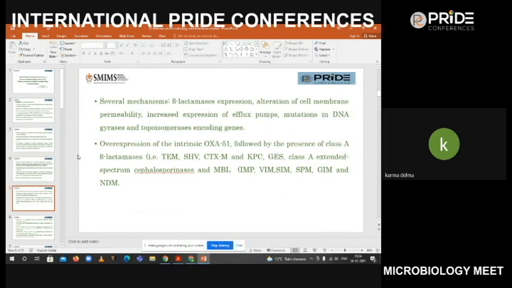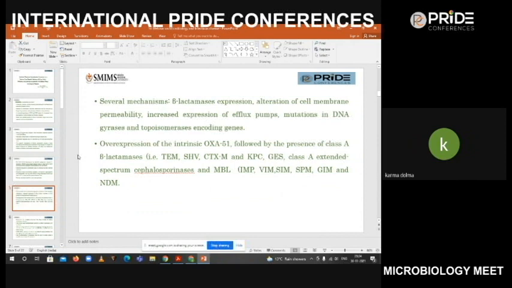Now, the most frequent causes of this enzymatic resistance in A. baumannii are represented by the acquired carbapenem hydrolyzing class D beta lactamases like the OXA 23, 24, 58, and so on. Also, the overexpression of the intrinsic OXA 51.